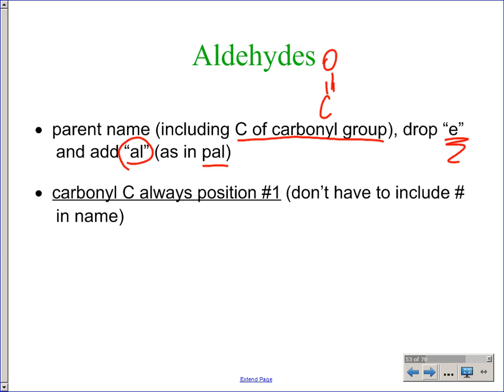So we'll give some examples here in just a minute. Pentanal, maybe. The carbonyl C is number 1. So yet again, we have to make that a priority. So you don't have to include the number of that aldehyde, the location, in the name, because everyone's going to assume it is number 1. So don't say 1-pentanal, because it's going to be number 1. It doesn't matter.